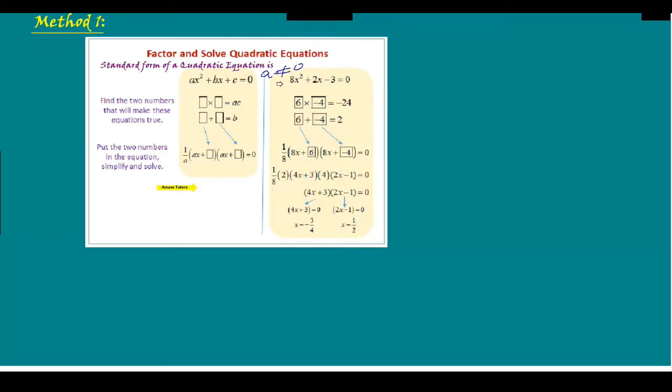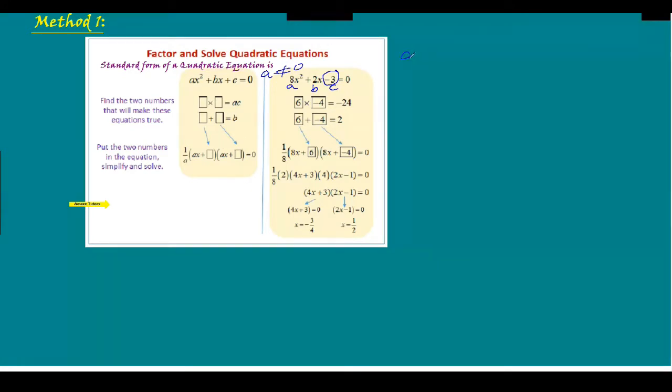I'll explain with one example on the right side. Solve by factoring 8x squared plus 2x minus 3 is equal to 0. Now what is AC? Let me write, this is A, this is B, this is C along with the negative sign. Don't forget to write the ABC values along with the given signs.